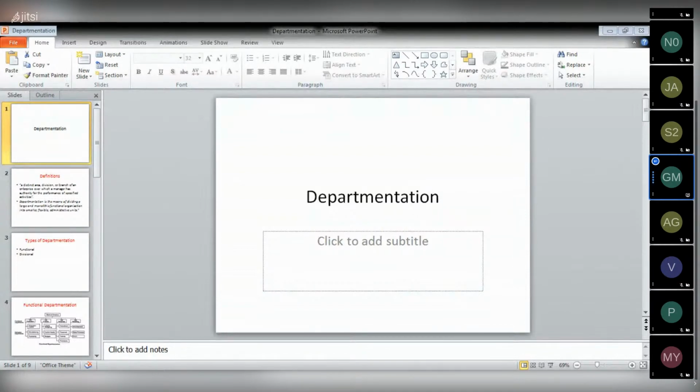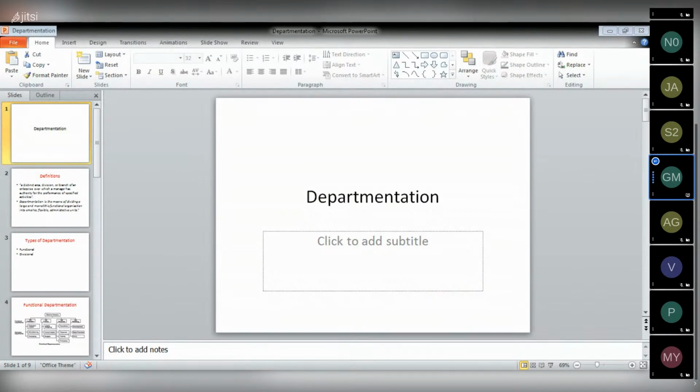two types of departmentation. See, I don't say that only two are there. Sometimes certain companies can do departmentation based on process, and based on geographical location also, right?